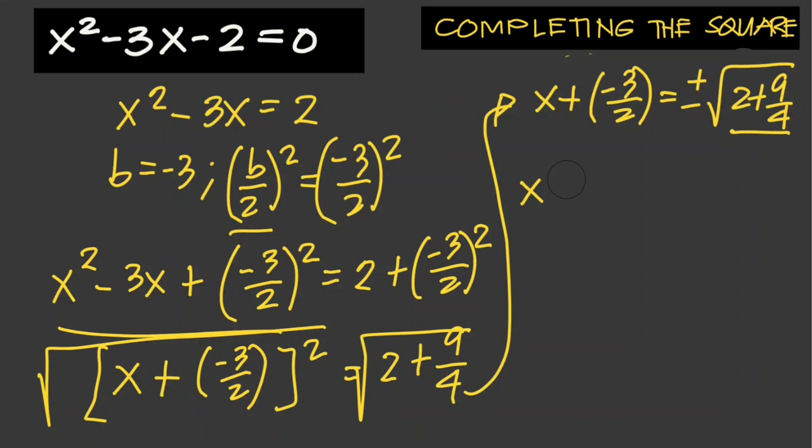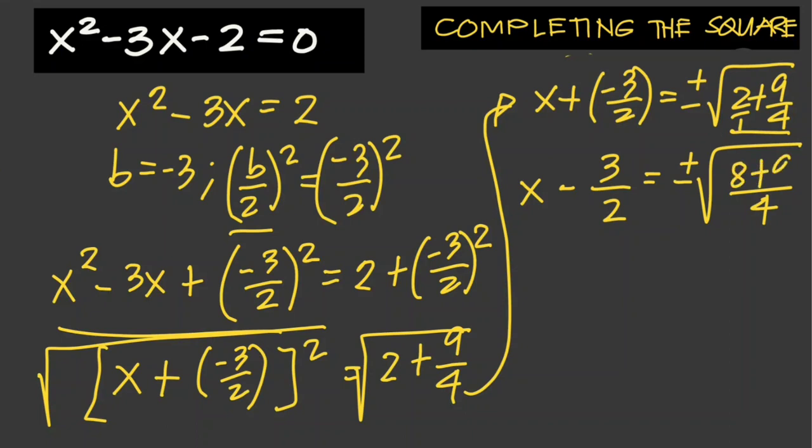So this one would become x minus 3 over 2, because positive times negative is just negative. So this is plus or minus, our LCD is 4. So 4 divided by 1 is 4, times 2 is 8, plus 9. So this is x minus 3 halves equals plus or minus the square root of 17 over 4.